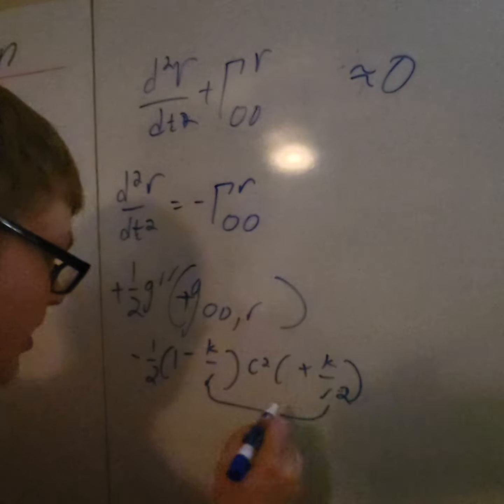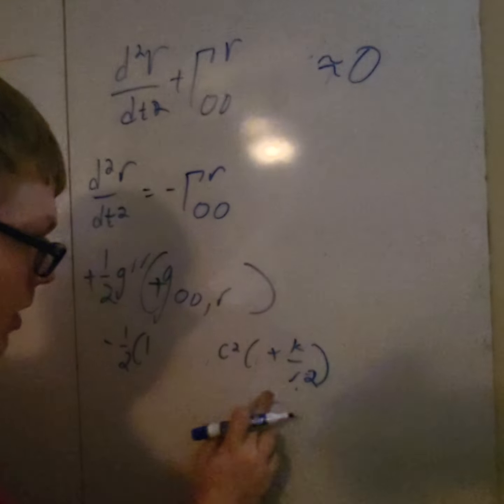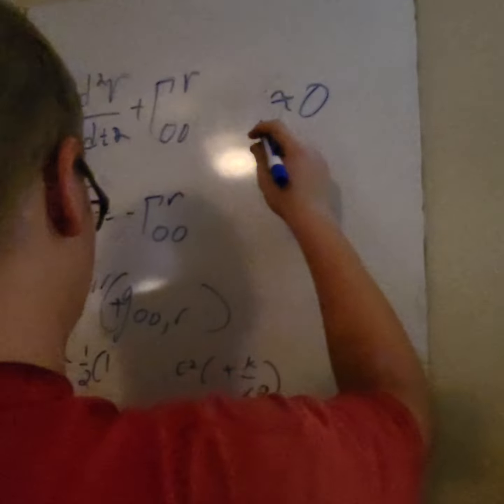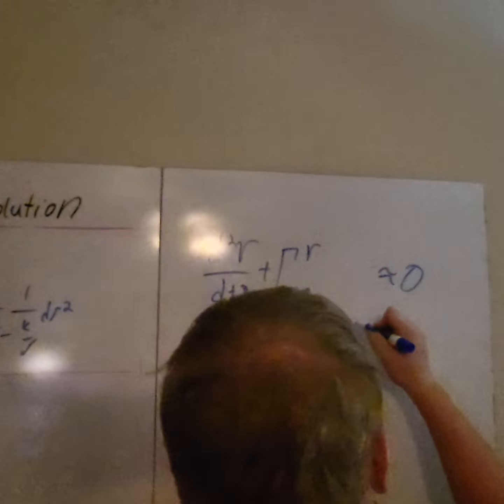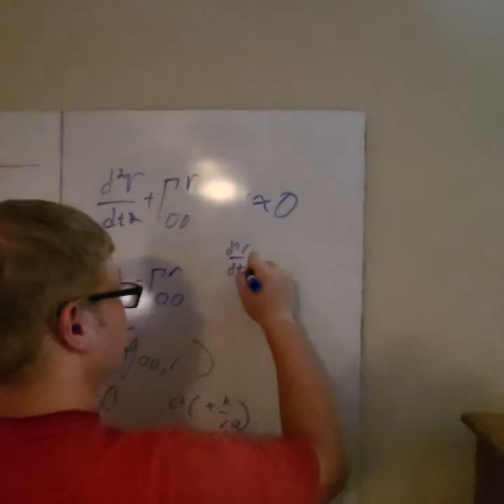That's going to be a really tiny term together, so we're going to approximately ignore that. And we're left with the second time derivative of the r coordinate being approximately, for weak gravity and small speeds, negative kc squared over 2r squared.